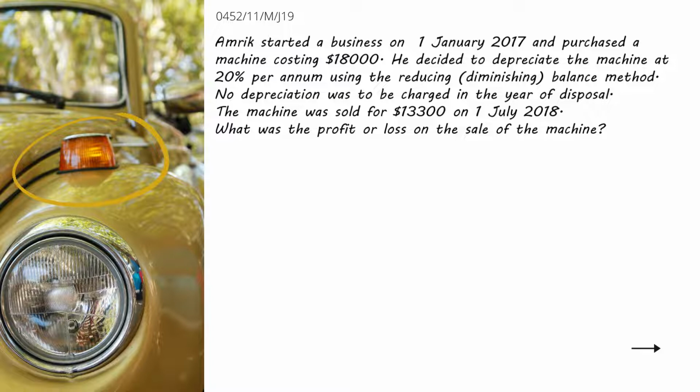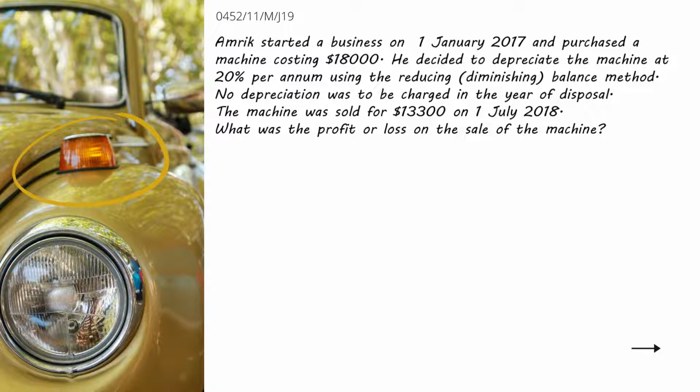It says that Amrik started a business on 1st January and purchased a machine costing 18,000. So we know our cost is 18,000. And the depreciation is 20% using reducing balance method. And he sold the machine for 13,300, which means our selling price is 13,300.